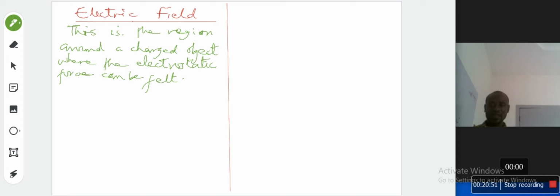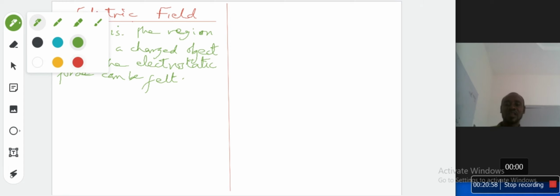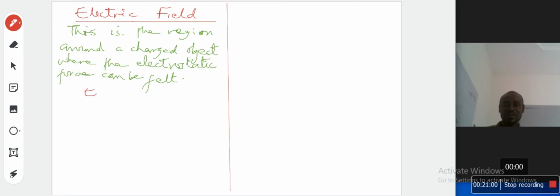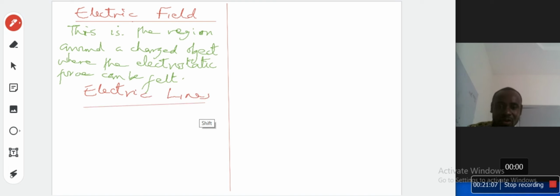Now we represent electric field. I said the electric field is the region around the charged object where the electrostatic force can be felt. We represent electric field with electric lines. So electric lines are imaginary lines we use to represent the electric field. But you can call the electric lines of forces.